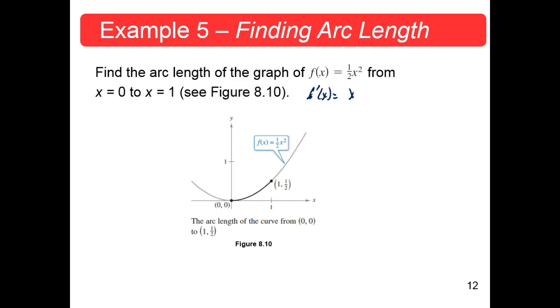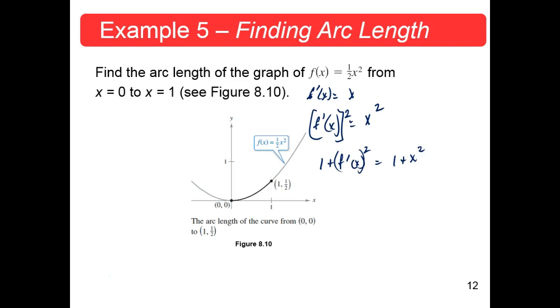The next thing you do with the arc length formula is square that derivative. So what's the square of that? f prime of x squared would then be x squared. Perfect. Now, the next thing you do with it, I don't know if you remember this, you add 1 to it. So 1 plus f prime of x squared is equal to 1 plus x squared.